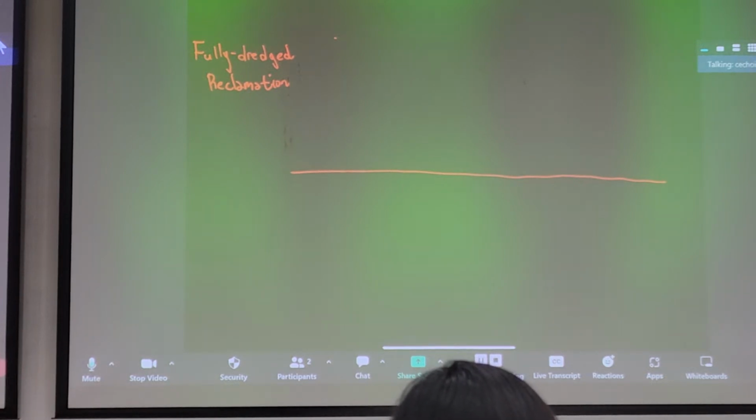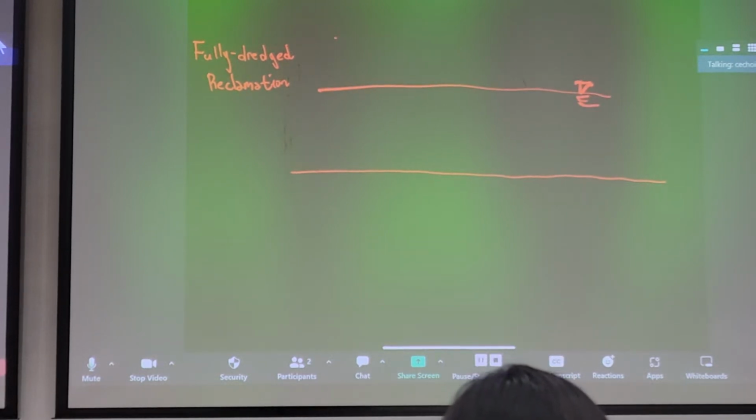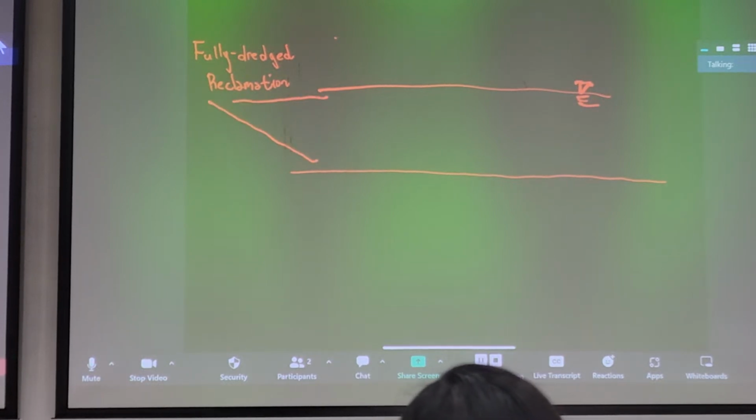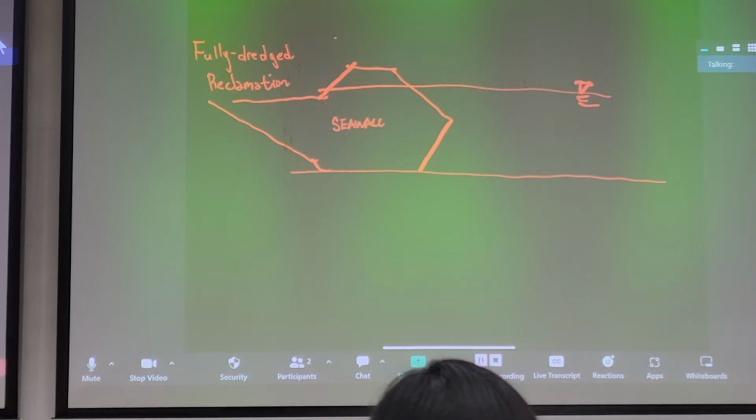Normally, before we carry out any reclamation, we try to construct some sort of, we call this a seawall, for example, okay? And we construct seawalls surrounding our entire reclaimed block of land. Why is that? Well, we need to contain our reclamation and protect it from the ocean, essentially.